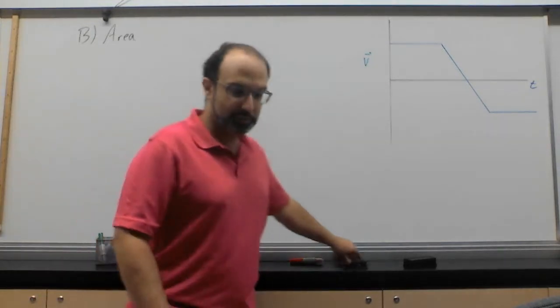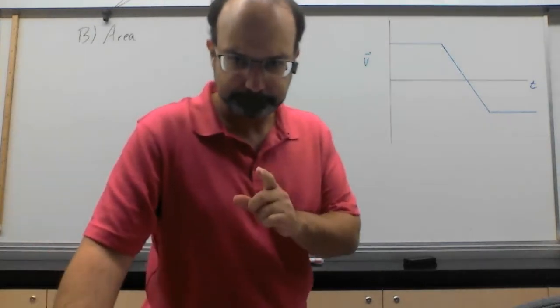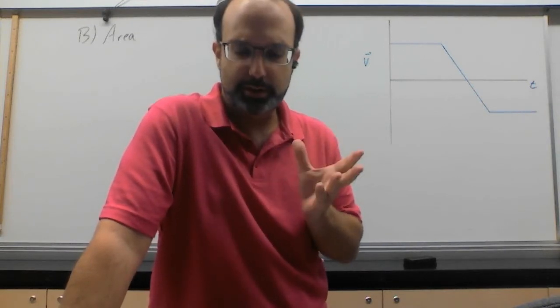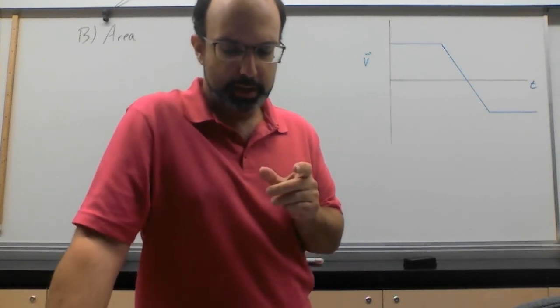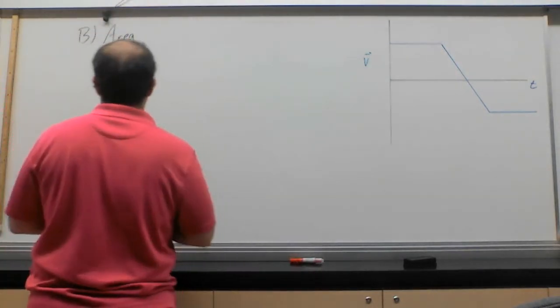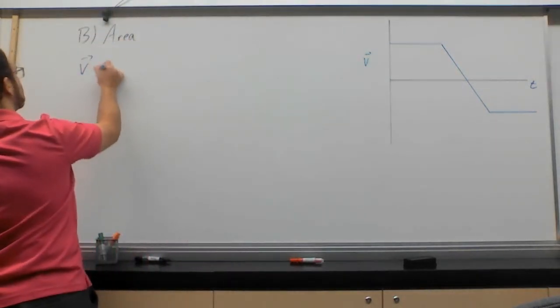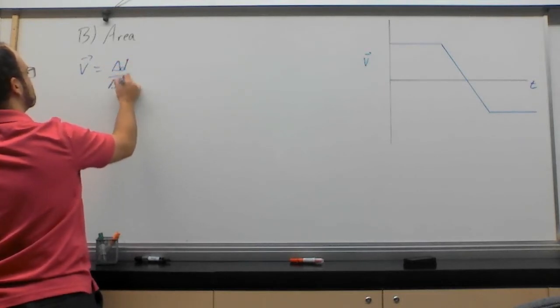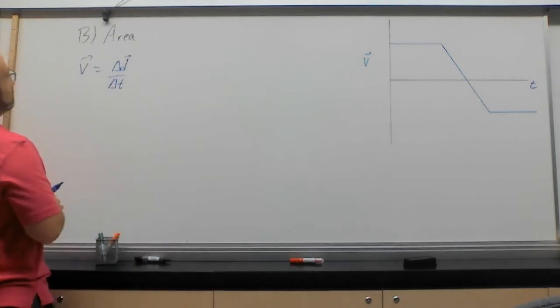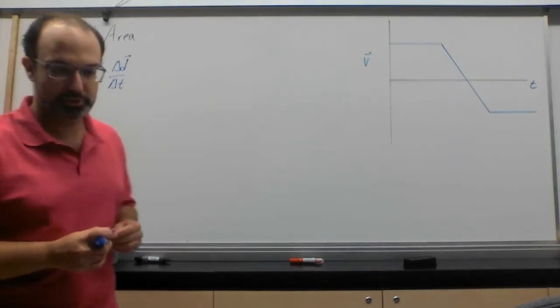All right, so the thing about area that we have to remember is that this is going to be an area calculation. Now, here's the thing, right? Velocity has a calculation. The definition of velocity looks like this. Now, we can maneuver this equation, right?